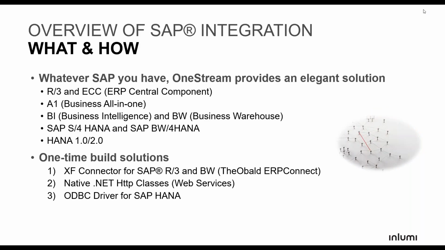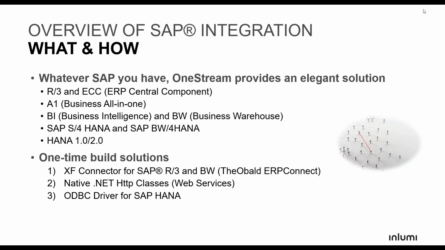So let's see an overview now for the SAP integration. We already saw the main features of Stage in OneStream, the data integration engine, and what OneStream can do in terms of integrating with the source systems. And now let's discuss SAP. As I said, we can connect to anything.